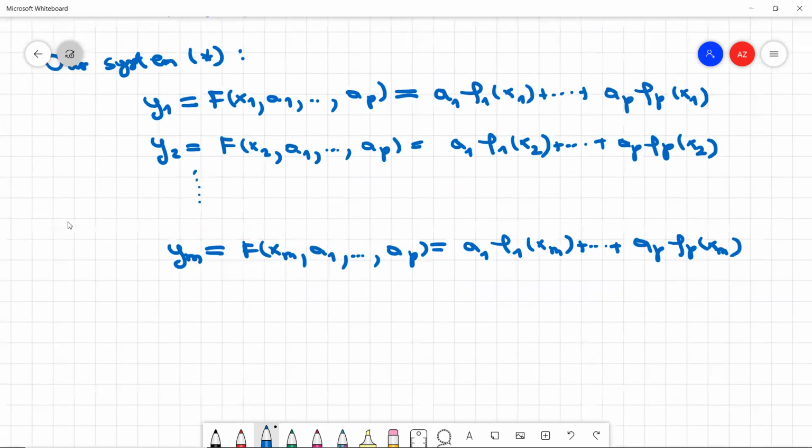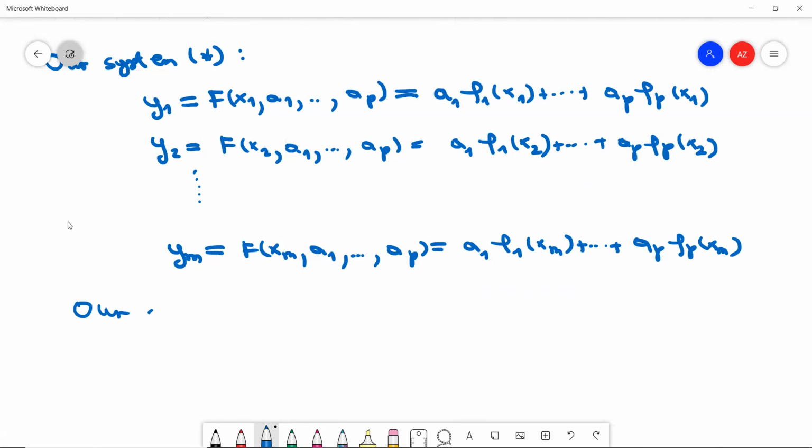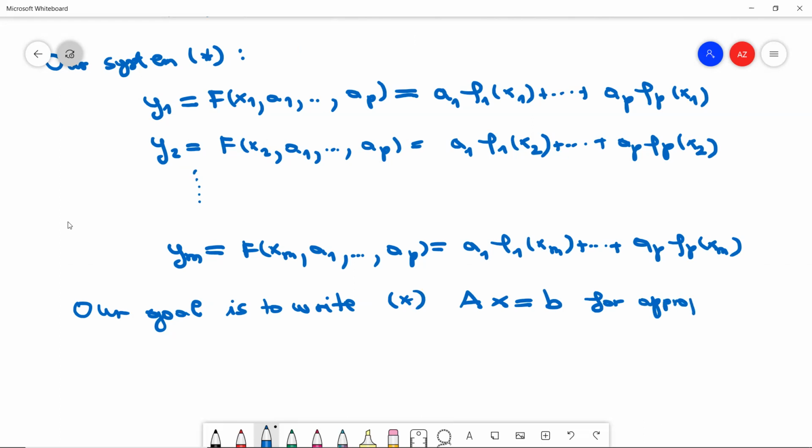So our goal is to write this system in the form Ax = b for appropriate A, x, and b. And yeah, here confusion can occur because this x in Ax = b doesn't have anything to do with those x's above.